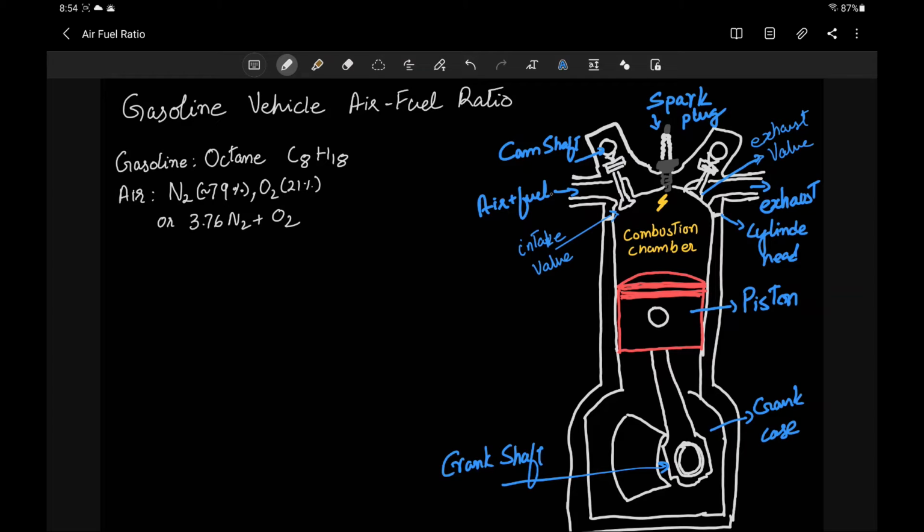Your air and fuel enters from this chamber, and when the intake valve opens, this air and fuel mixture enters the combustion chamber, and this is the piston.